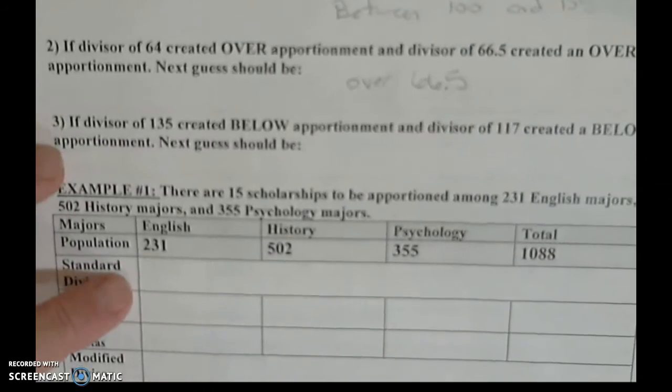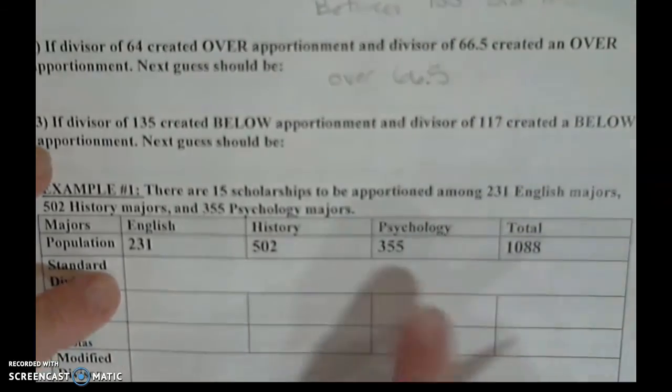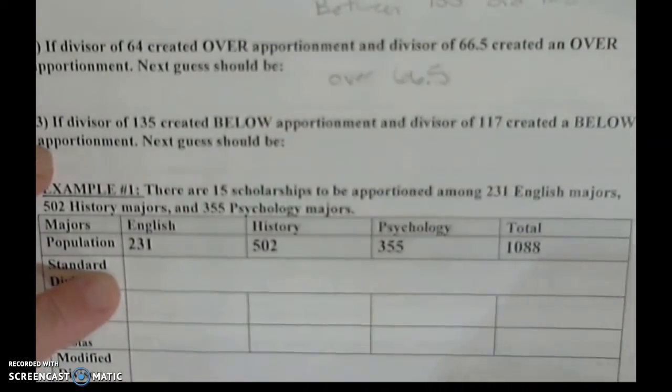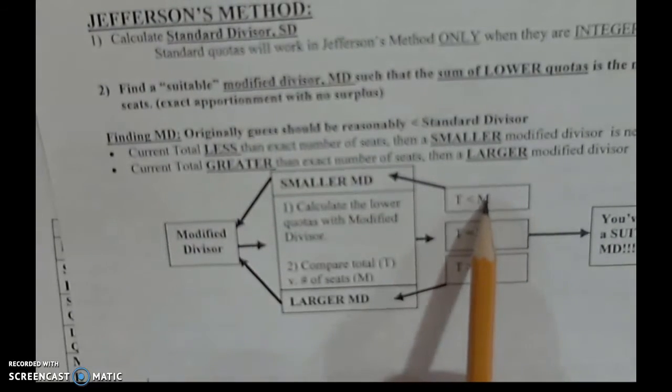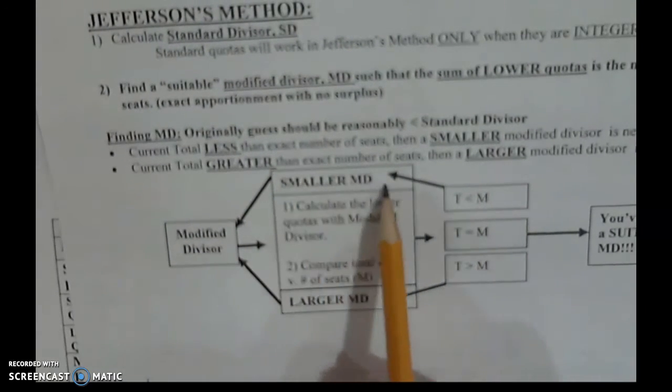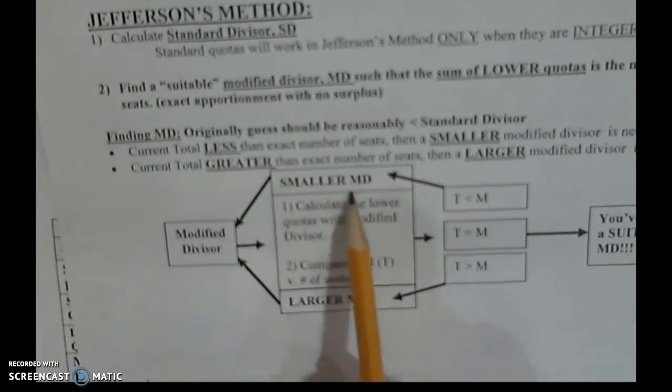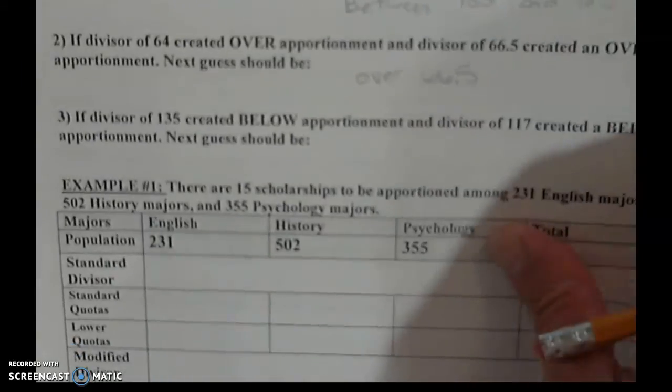And last but not least, if the divisor created was below what we want, go back to our little chart. If we're less than what we want, what do we need to do? We need to make our quota go up, so we need a smaller number.